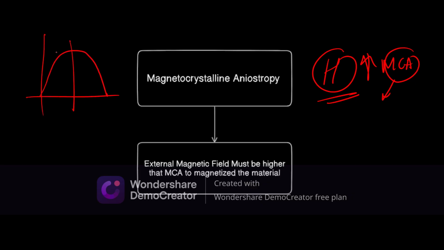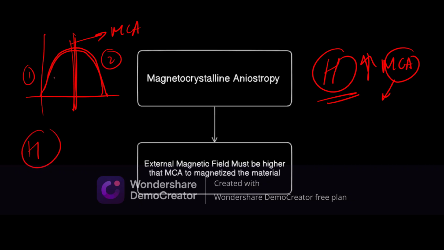If we want to go from point one to point two, we have to cover this barrier. This barrier is nothing but MCA, magnetocrystalline anisotropy. If we want to magnetize our material, our H value should be higher than this, so that we can overcome this barrier.